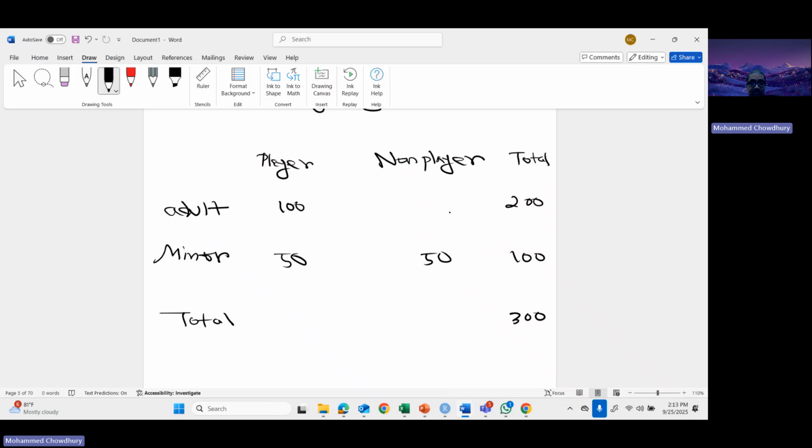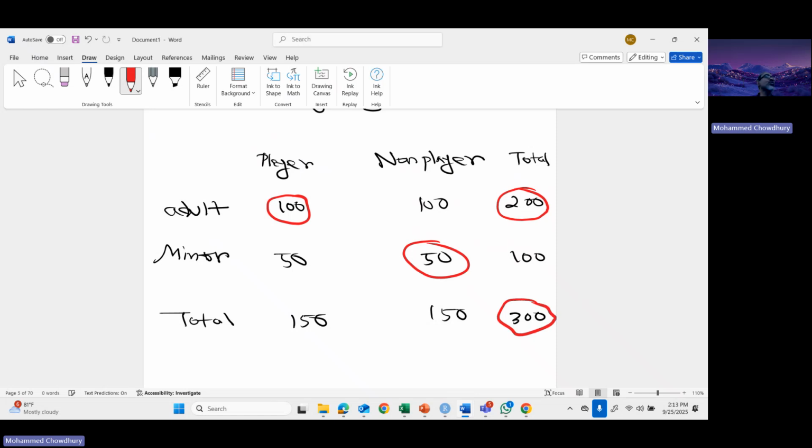So here is 150 and here is 150. Take a look at that. In your question, I provided these things, these things, and these things. The rest of the things I just do computation, okay? The red circle things I provided in the exam, in the questions. Now the rest of the things are filled up.